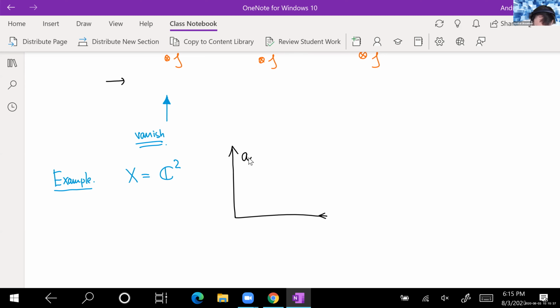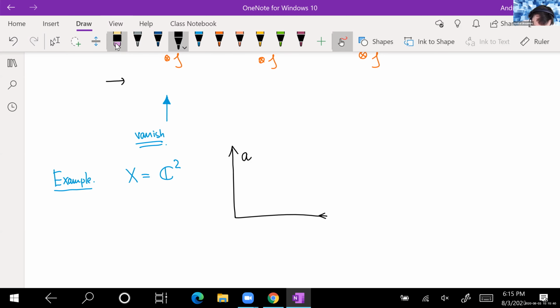Let the repelling direction have the weight A to the minus 3, for something. And so then this is attracting. Then we can also have some different group actions, which maybe we can denote B. Other group actions.